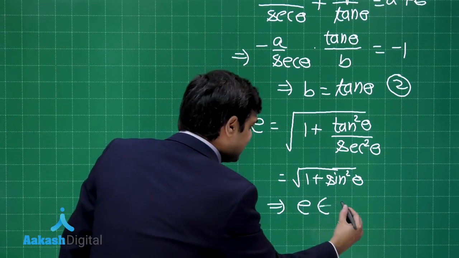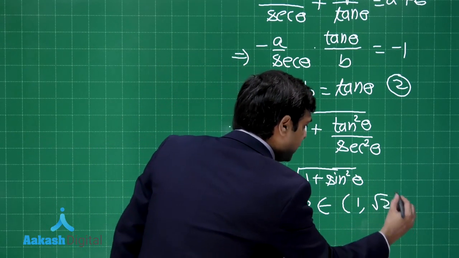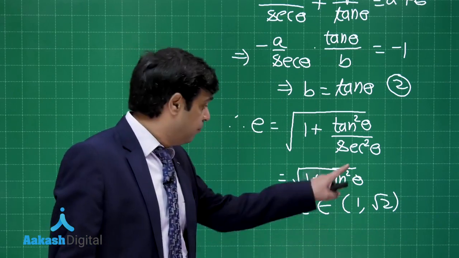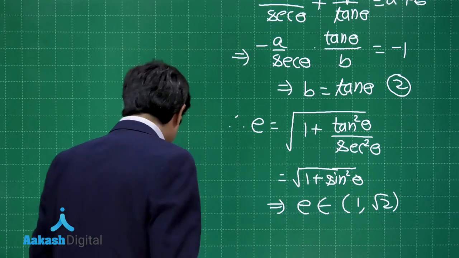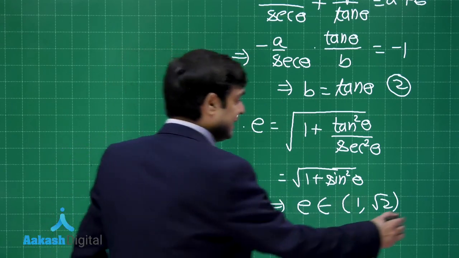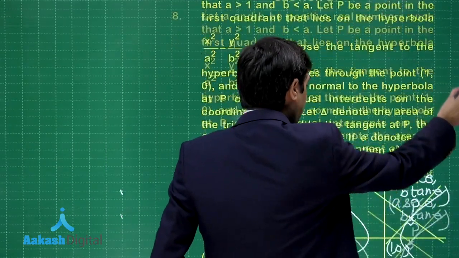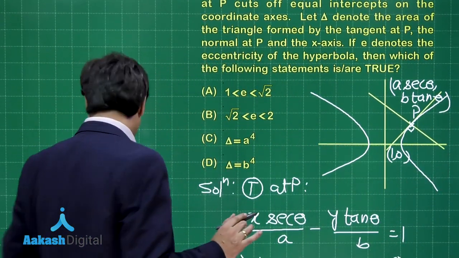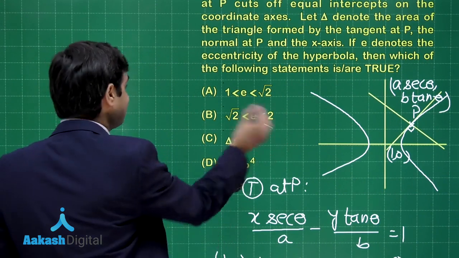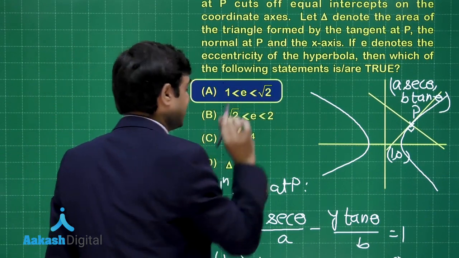Clearly, eccentricity is lying in the interval 1 to root 2. Minimum possible value approaching to 0, maximum possible value approaching to 1. So this gives you the result as E is lying in the interval 1 to root 2. Now time to check from the given options. 1 to root 2 is given here as option number 1. So yes, let's mark as the correct answer.